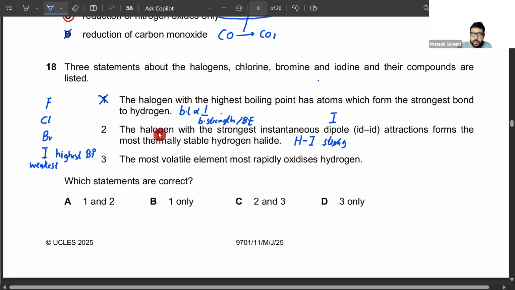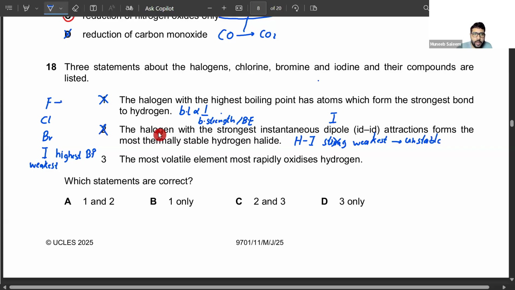So that's wrong. It's the weakest bond. If it is weakest, then thermally it is a very unstable bond. So that's again wrong. Third says the most volatile element most rapidly oxidizes hydrogen.